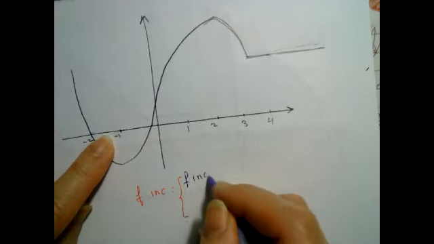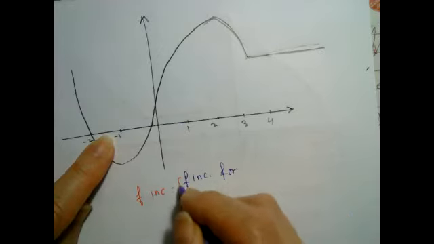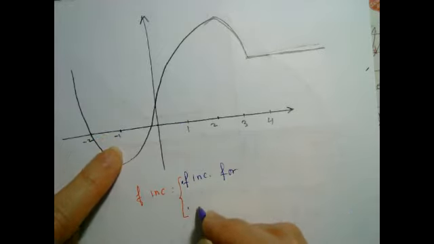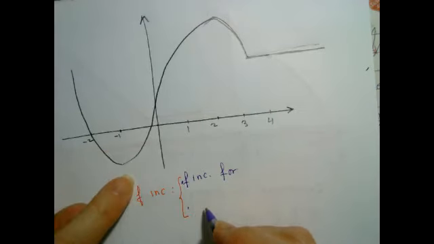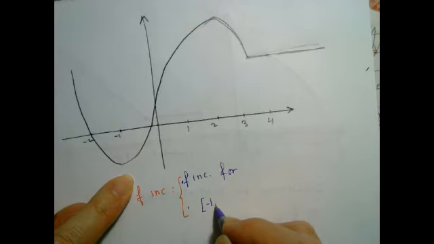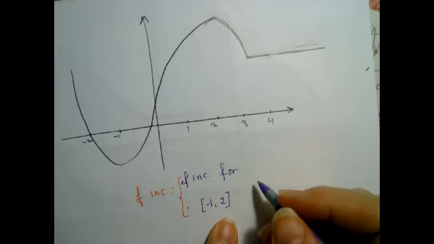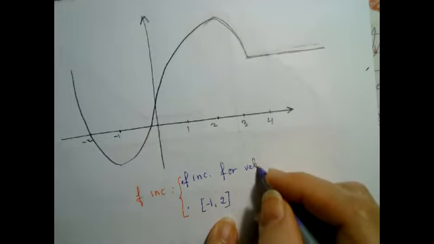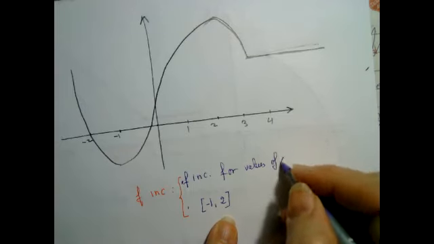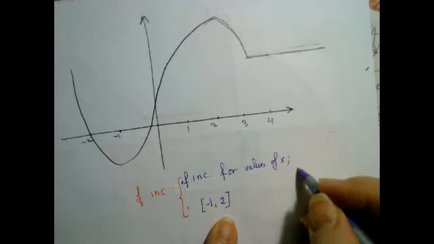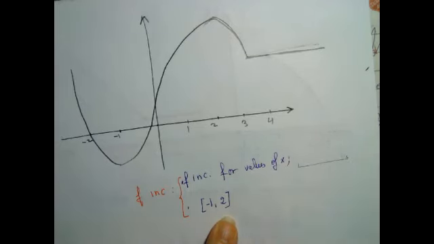You'll write with brackets or without. If I'm doing interval notation, a bracket, -1, and then 2 and a bracket closed. Without interval notation, like writing it in words, for values of x that have the following property, describe them.